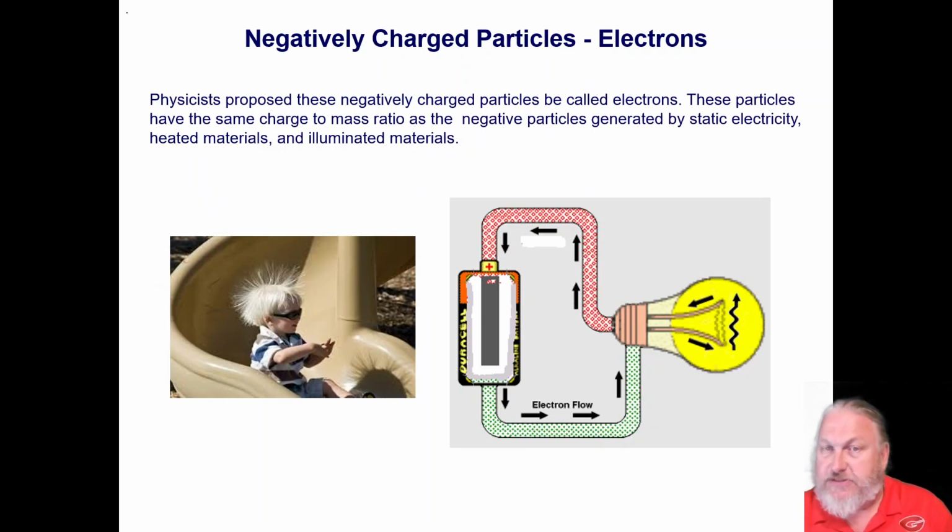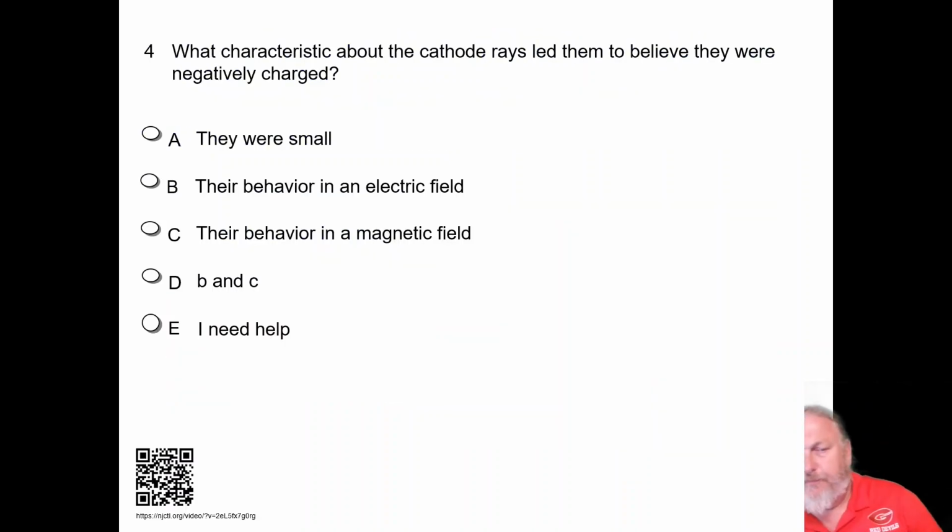These physicists proposed that these negatively charged particles be called electrons, because they have the same charge to mass ratio as the negative particles generated by static electricity, heated materials, and illuminated materials.